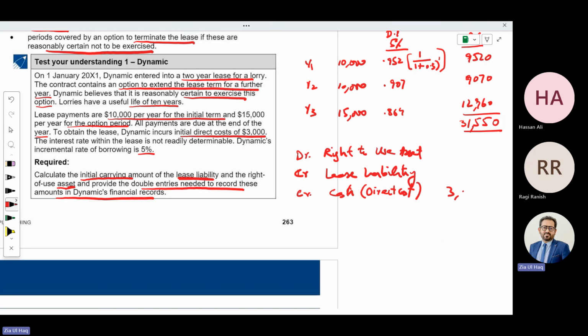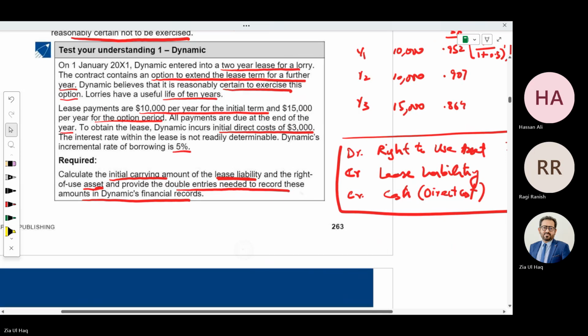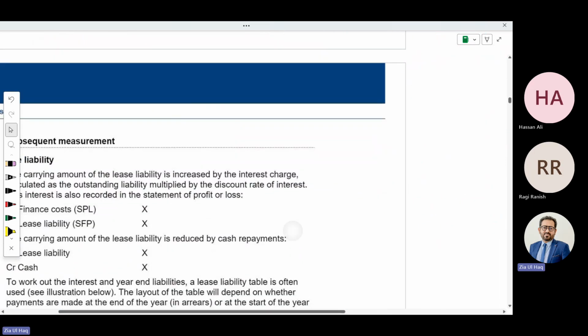That is 3,000, this one is 31,550, and that will be 34,550. You can see. Is that fine? Okay, let's move forward.